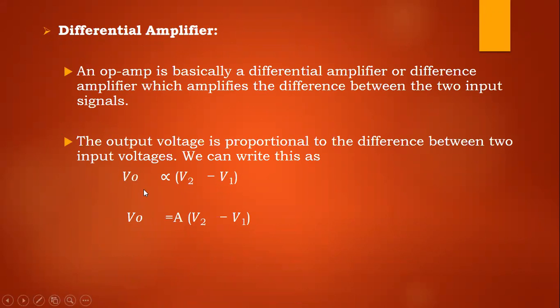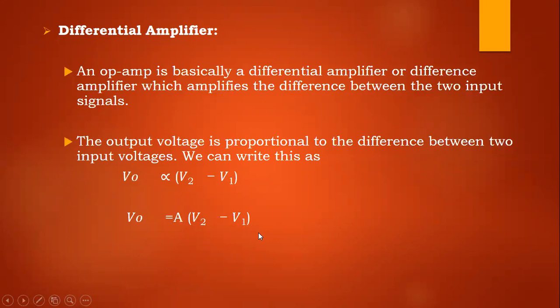We can write V0 proportional to V2 minus V1. And if the gain of the amplifier is A, then the output voltage V0 is equal to A times (V2 minus V1).